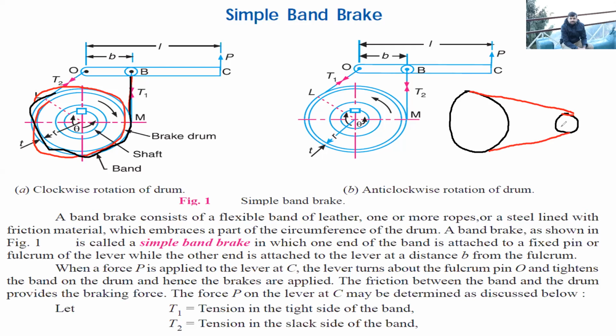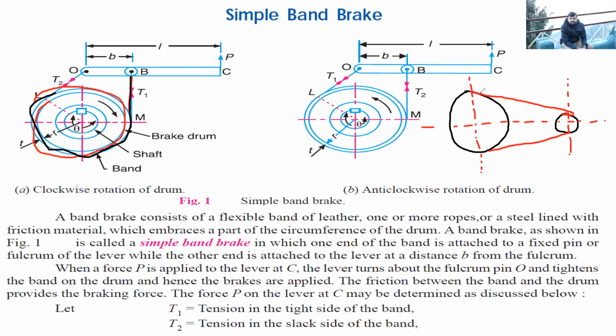Generally this small pulley is the driving pulley. This type of arrangement you might have seen at different places where the flour mill is there, where you take wheat and get it converted into wheat flour. So this is the driving pulley, and generally we talk in terms of the driving pulley.